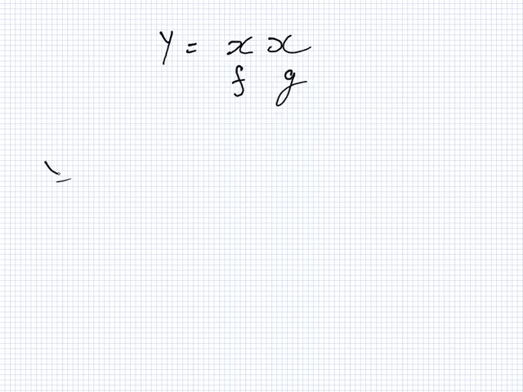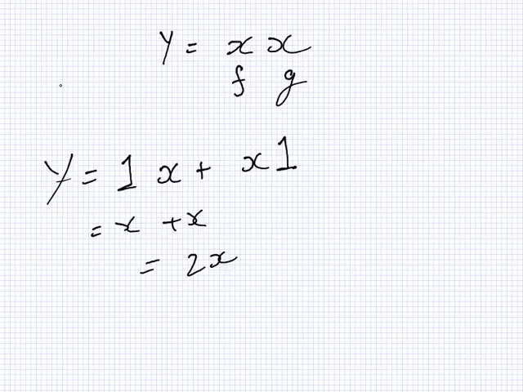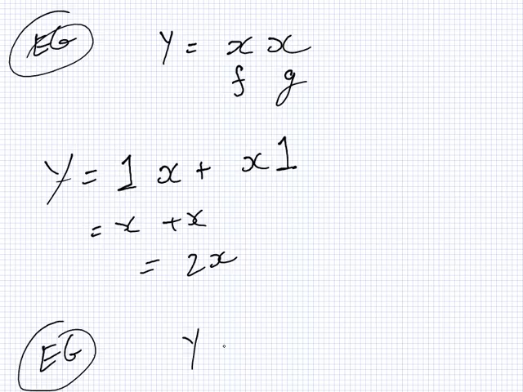So the rule is first derivative of f, which is 1, and then g, plus f, and then derivative of g, 1, 2x, as promised. That's our first example of the product rule. But let's do a more interesting example. Let's do the example I suggested at the start of the lesson. x squared sine x.